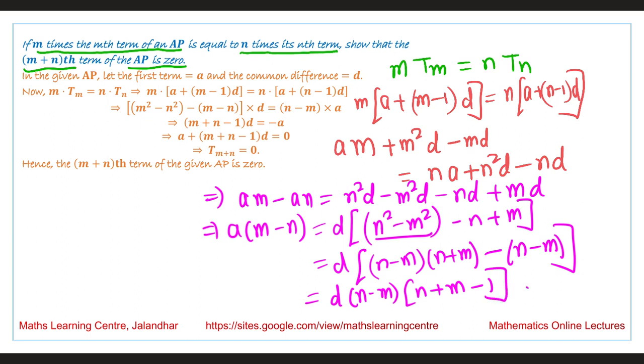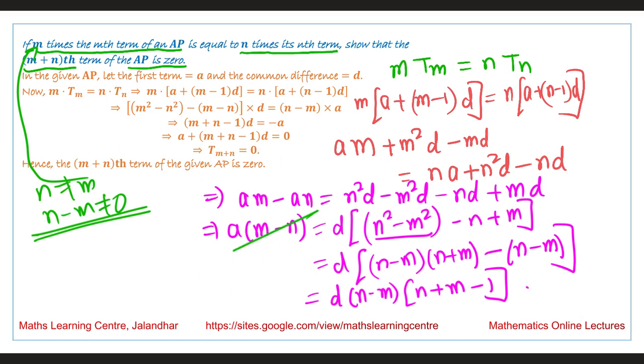Now we have n is not equal to m because we are talking about the nth and mth term. So these are two different terms we are considering. So we are saying that n minus m is not equal to 0. So these two terms get cancelled. We are left with minus 1.